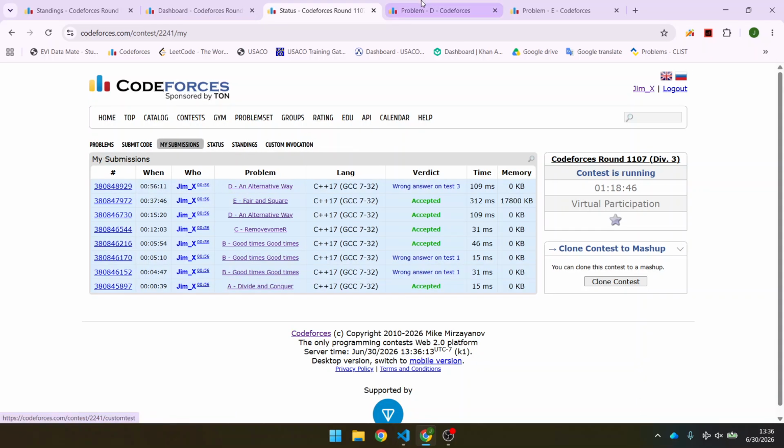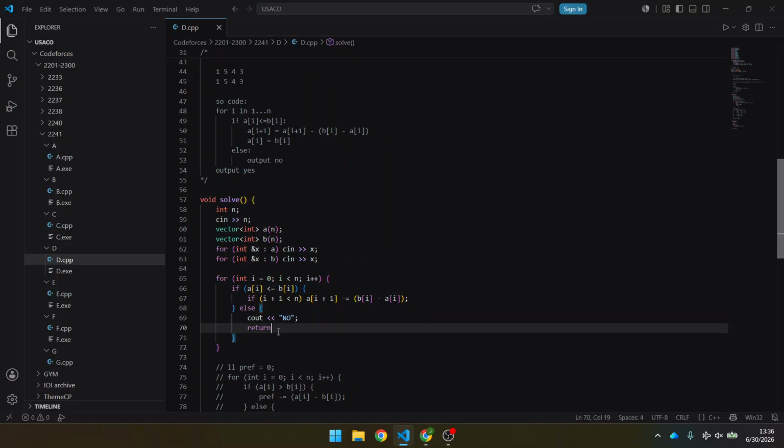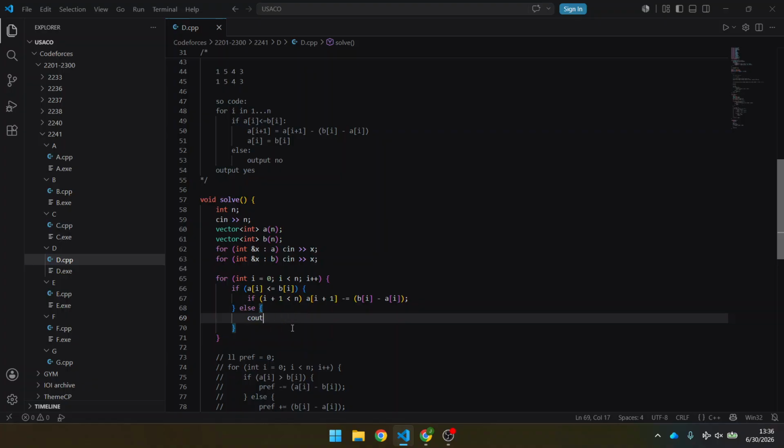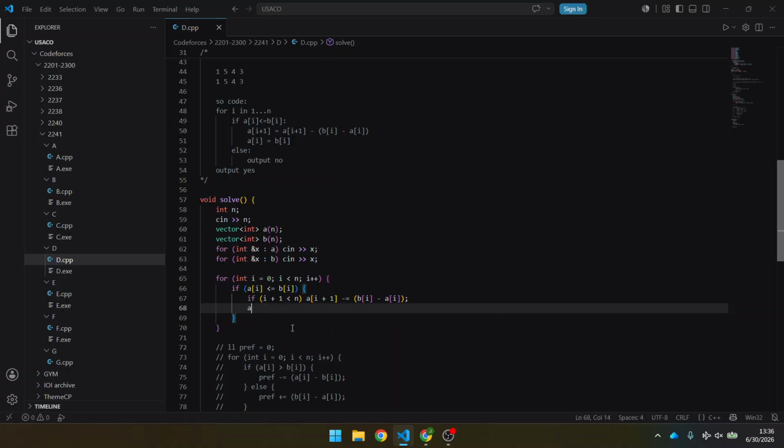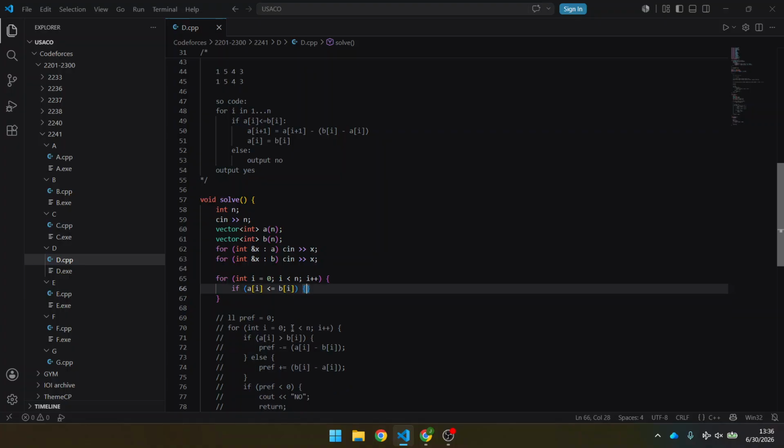Oh, so it should just work. Is there a bug in my code? Why does it not work? I feel like it should work. The smaller it is, the better it is, right?